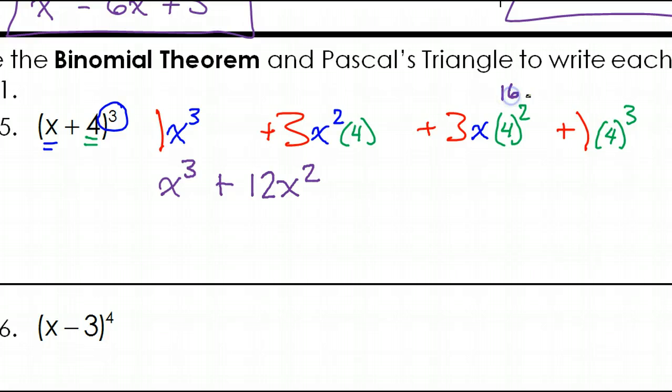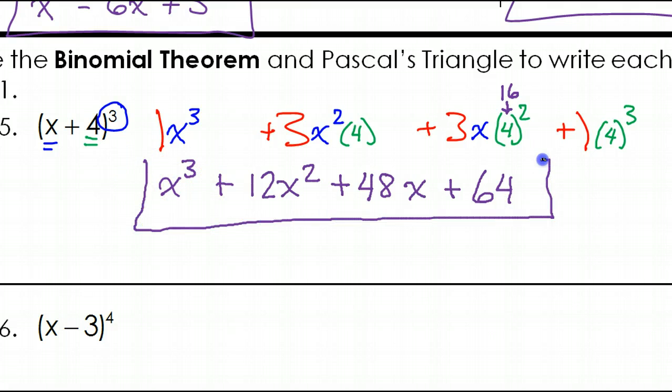Okay, so that's what's happening right here. So I've really got 3 times 16. That is 48. So I've got 48, and then I've got my x there. And then the last one, 4 to the third power is 64. So I will just have plus 64. All right, and that is how you use Pascal's triangle to expand the binomial.